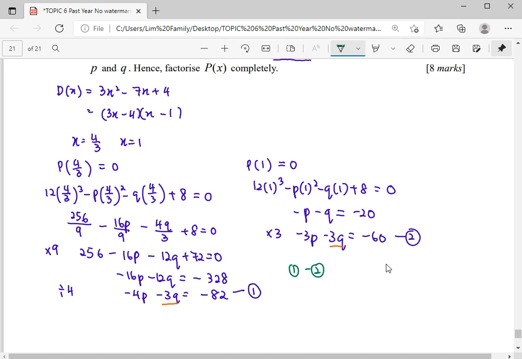We can eliminate Q, we get P only. Then we can substitute back into the equation, find out the Q. So I can substitute back to the easier equation here, this one.